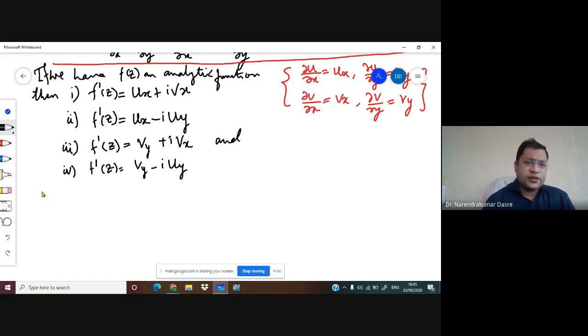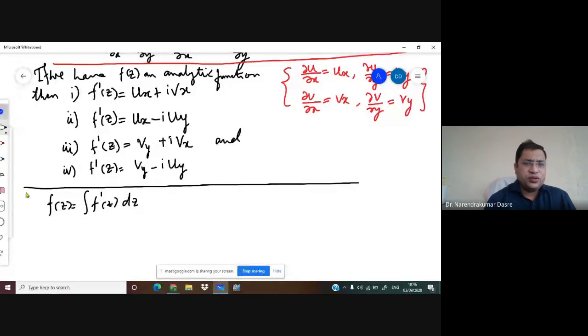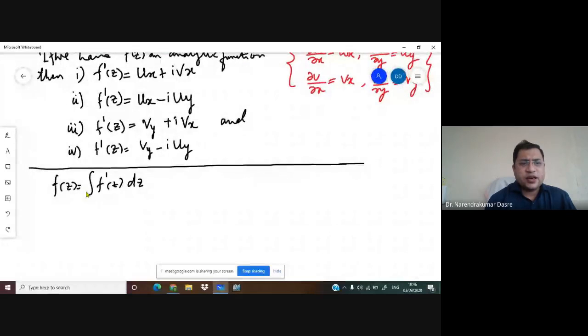Then we are able to write the derivatives. Now, where will these derivatives be used? What I know is that f of z is equal to the integration of f dash of z dz. We can get the function if I integrate its derivative.